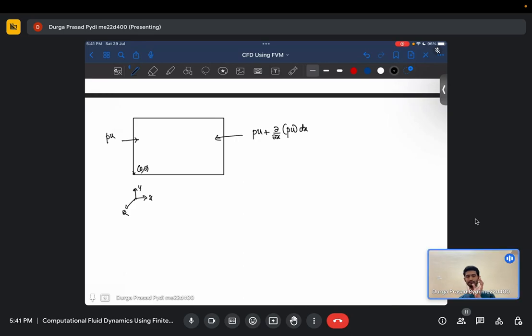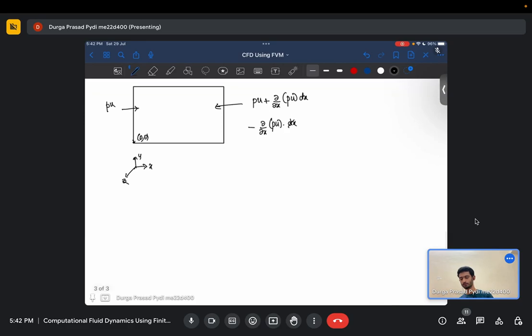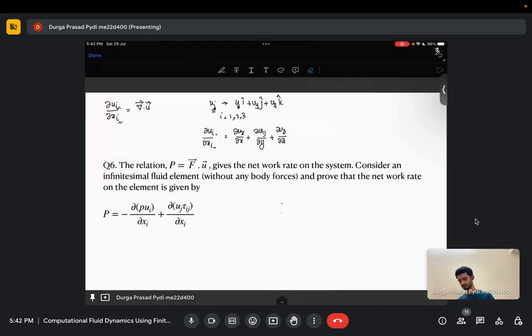So the net work will be the difference of these two. The quantity we are defining is per unit volume, so you essentially get minus ∂/∂x of (Pu). That is just for the case of static pressure.